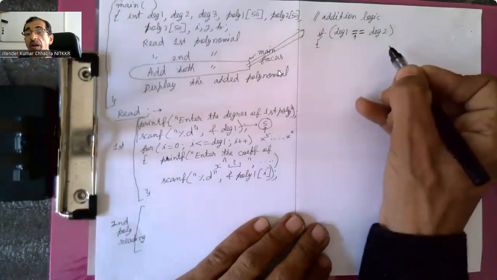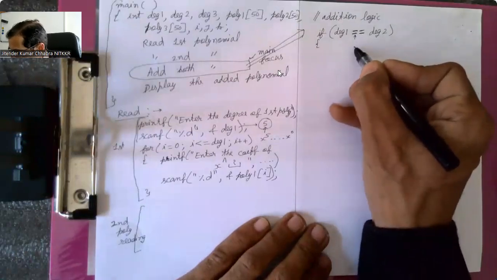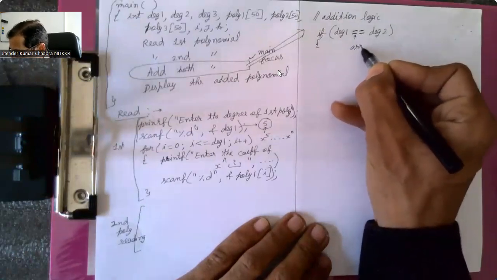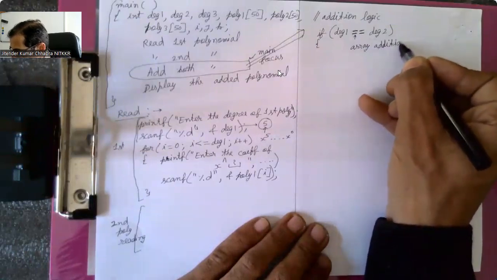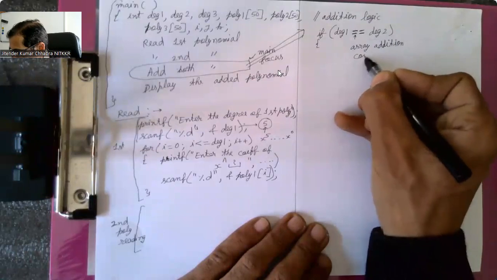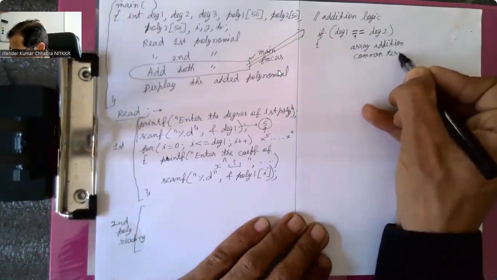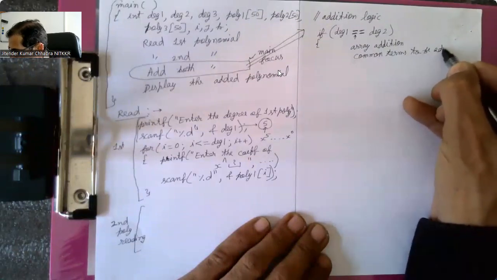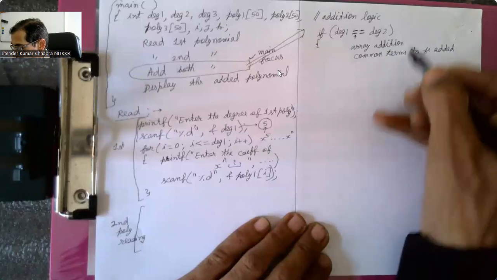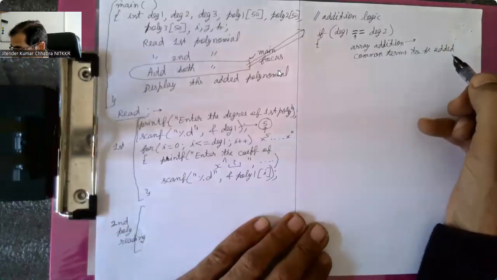If degrees are equal, what I have to do? Effectively nothing but the array addition. Because all terms are common. So effectively common terms being added. And all terms are common. So common terms will be added and straight away ready. How to do this addition? How many terms are to be added?